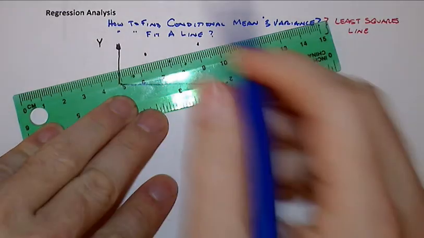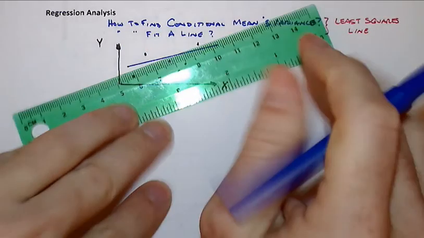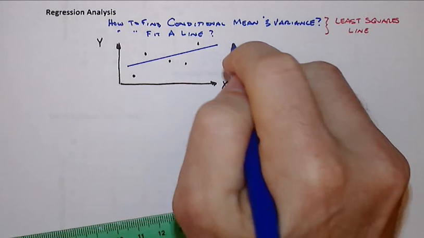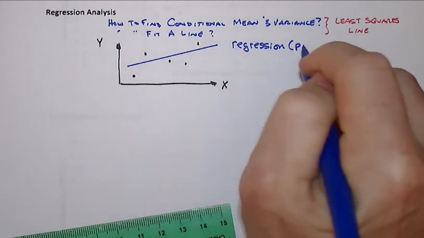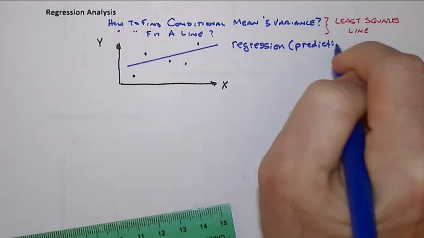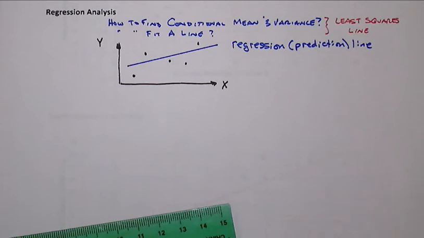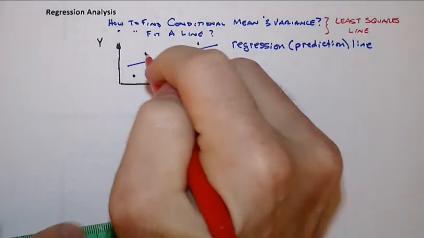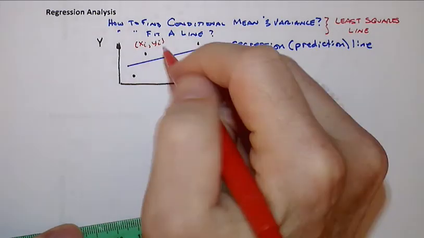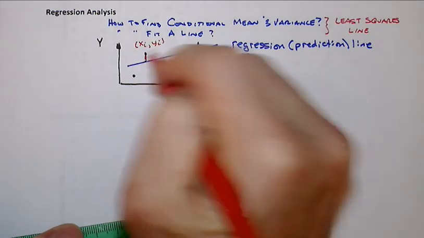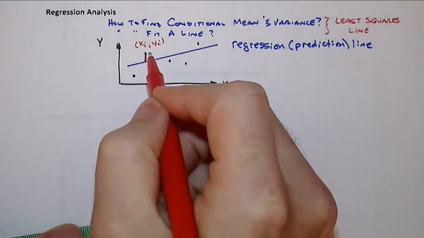And this notion of the least squares regression or prediction line is all about the idea that if we take a look at one specific point, the error between the predicted line and our actual one is right in here.